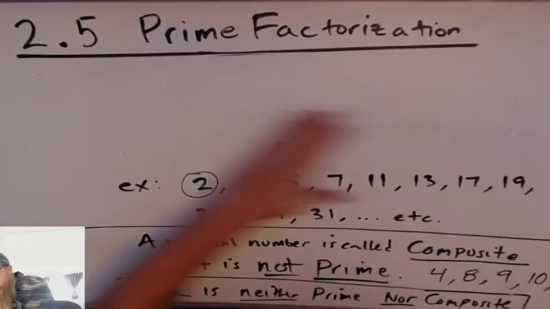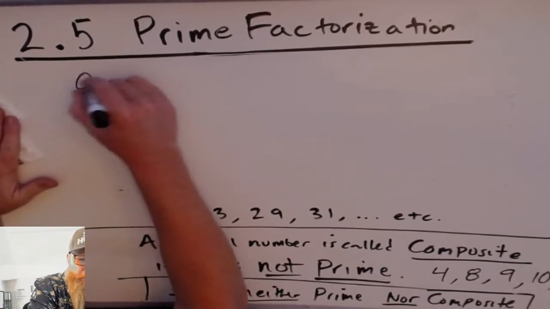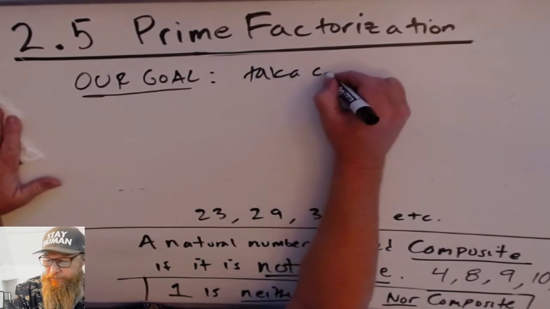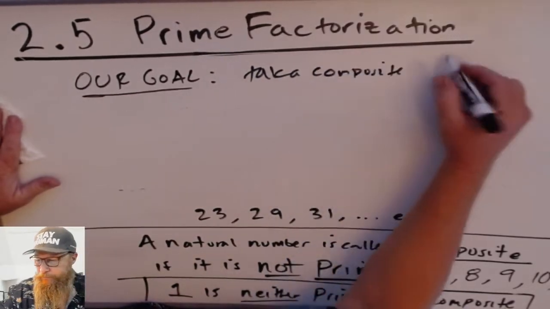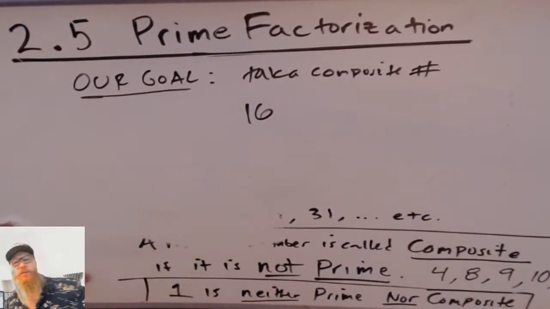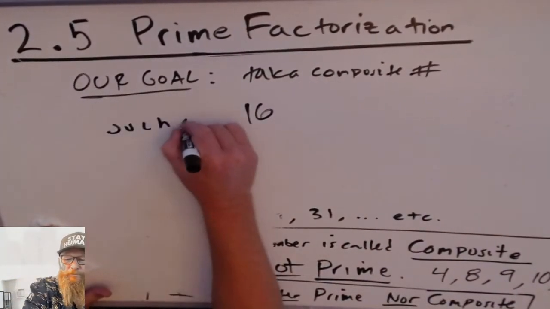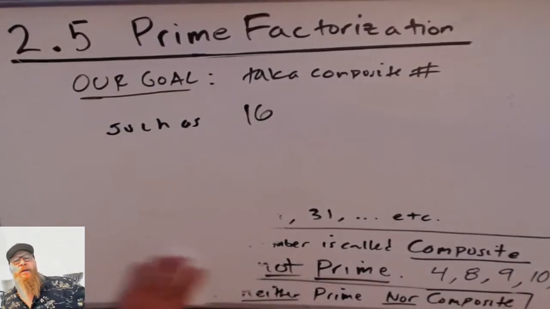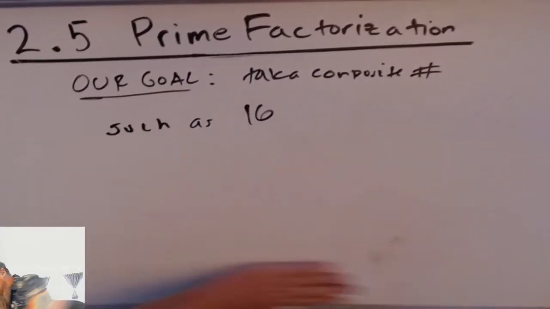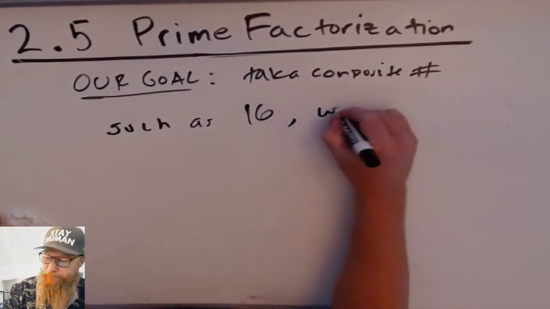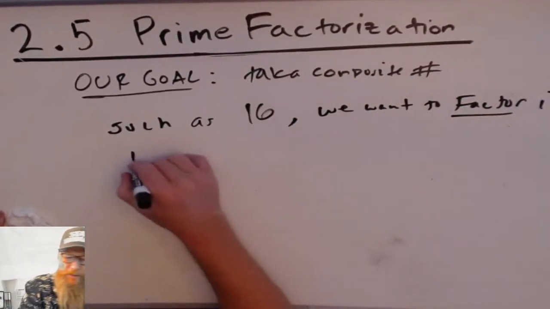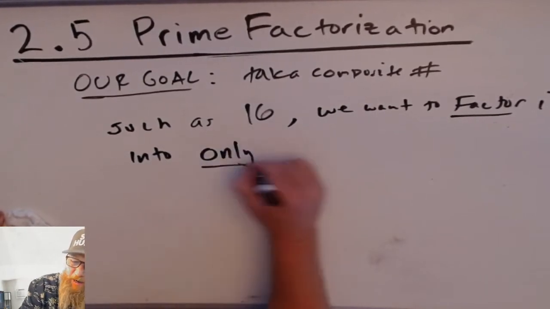What is a factorization? We'll take a composite number, such as, I don't know, let's do 16. I don't want to start too big. We want to factor it into only prime numbers.